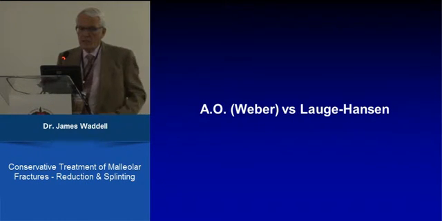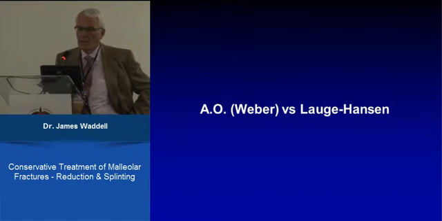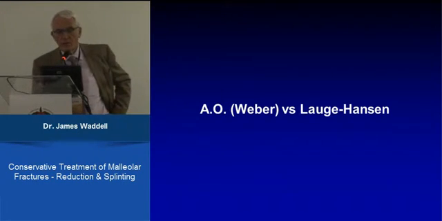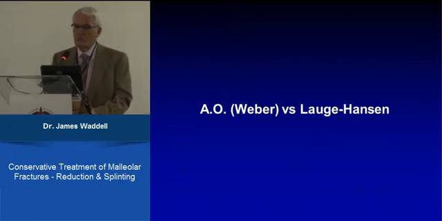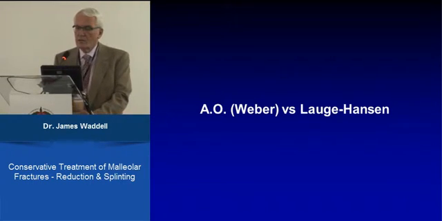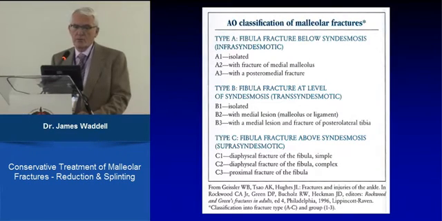Now, the classification: two widely used classifications, the AO or Weber classification versus the Lauge-Hansen classification. These are actually the same classifications, except one is an anatomic classification, which is the AO, and the Lauge-Hansen classification is a mechanism classification.